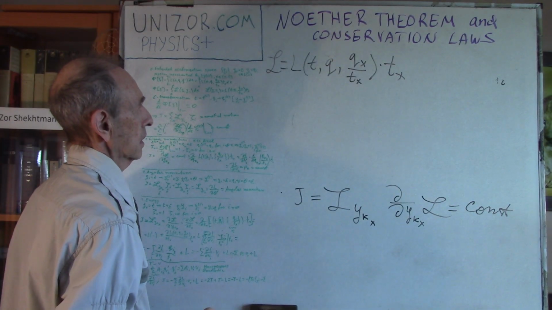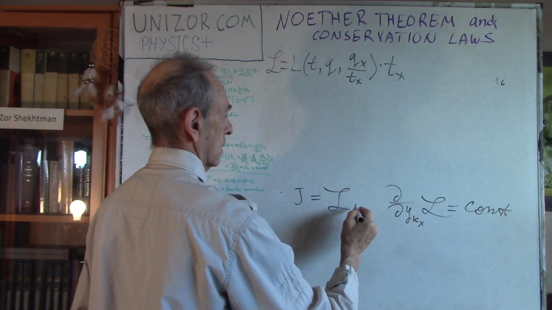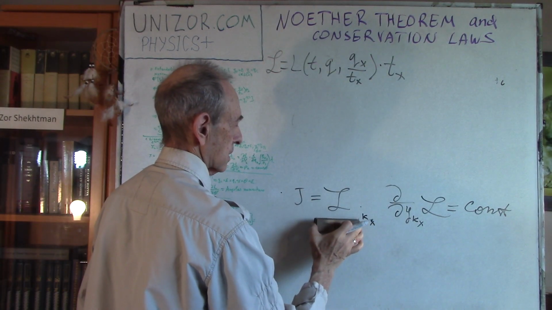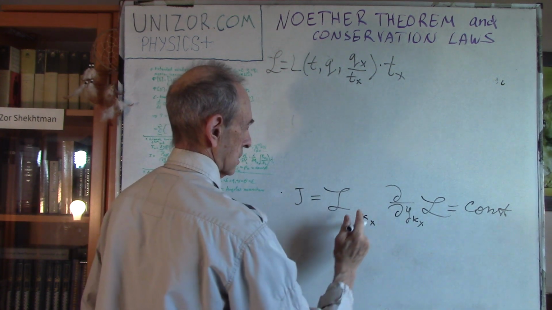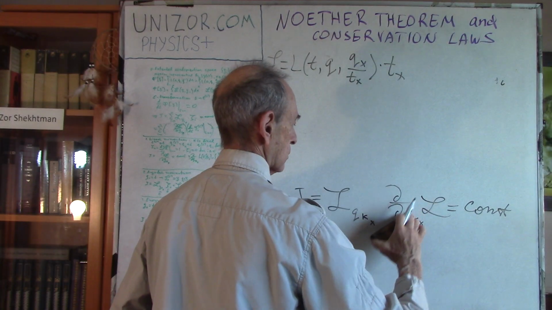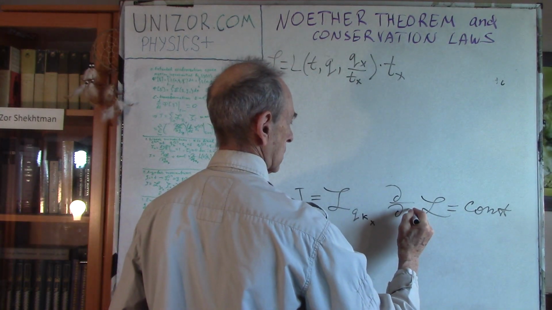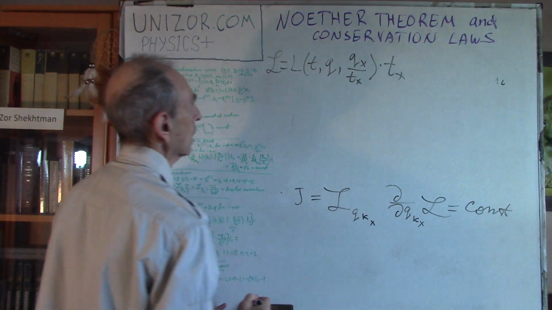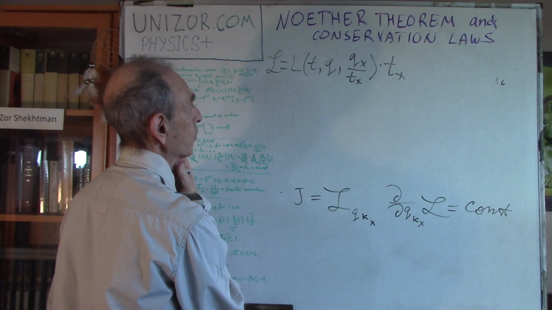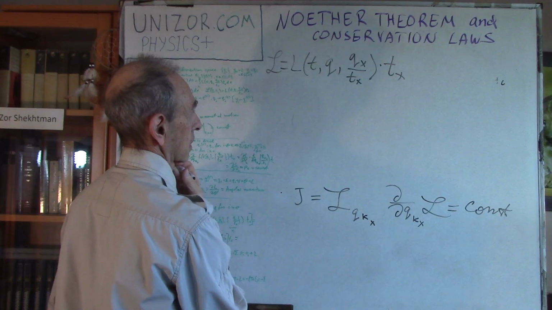Now we are taking the k derivative by yk. Now yk is the same thing as qk, so it's not time, it's a space coordinate. We're talking about only space coordinates right now, so I put it by q. Okay, now we want to differentiate it by qk.